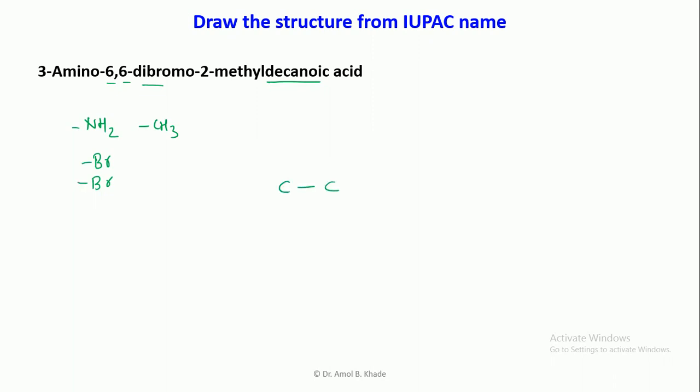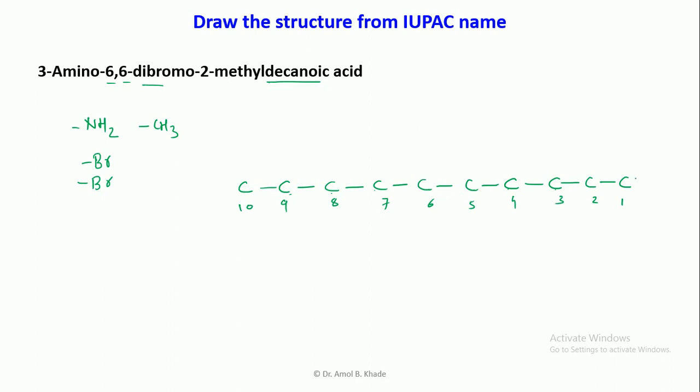So we can draw the skeleton containing 10 carbon atoms. Okay, so 1 2 3 4 5 6 7 8 9, and let's say I am drawing one more here. So give the numbering 1 2 3 4 5 6 7 8 9 and 10.